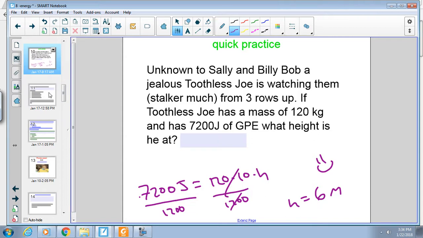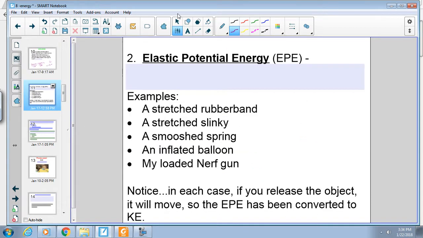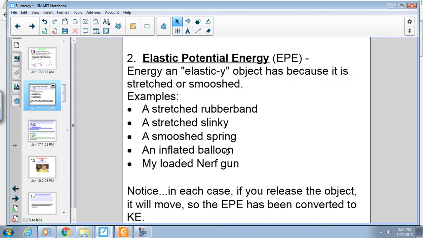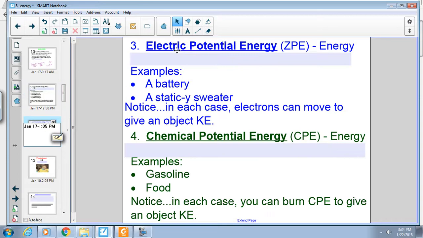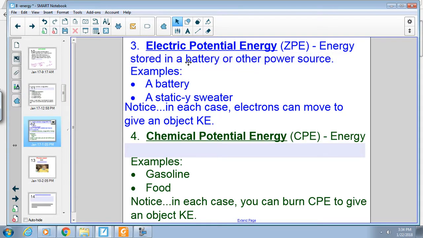All right, so other types of potential energy. We have elastic potential energy. This is anything that is stretched or smooshed. By pulling something apart, you are giving it more elastic potential energy, and then that can get converted to kinetic energy. Electric potential energy is anything in a battery or power source.